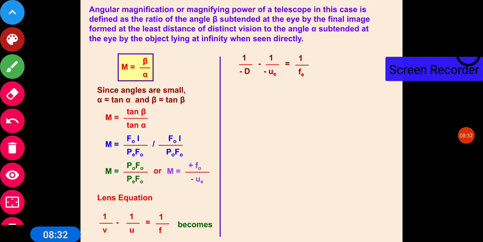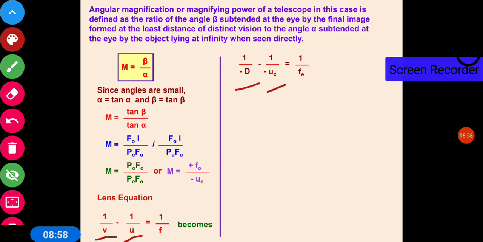Now from the lens formula, 1 upon V minus 1 upon U is equal to 1 upon F. This is for the eyepiece. Now using this lens formula for the eyepiece, the image is formed at the least distance of distinct vision. So in place of V, we can write minus D. In place of U, we can write minus UE using the sign convention.